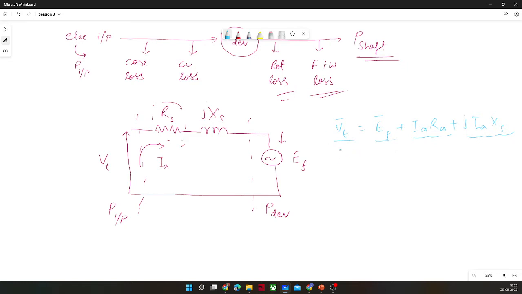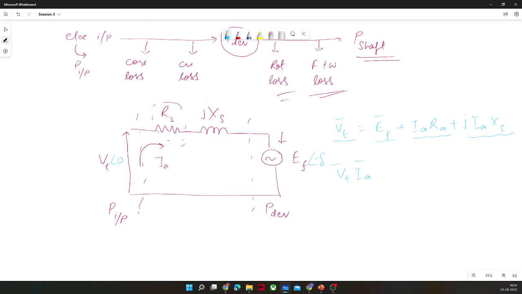Now, if I multiply IA on both the sides, I am writing in terms of phasor because there would be some angle. I forgot to write angle here. Let us take terminal at 0. Then EF would be lagging by some angle delta.